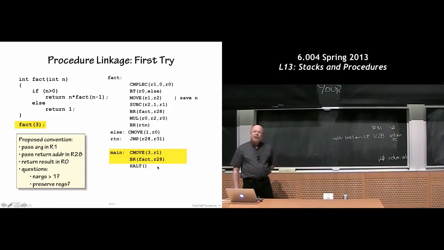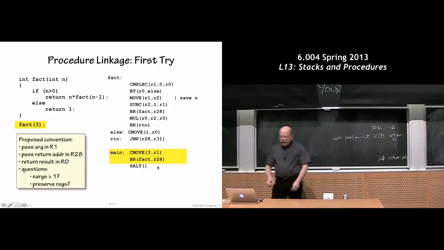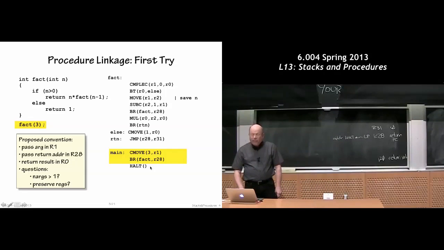We set it up so not only does it transfer control, but at the same time it remembers where execution should resume when the factorial procedure returns. So everybody sort of get the idea here? I'm passing two things in: the argument in R1, and in R28 the address in memory of an instruction where I want execution to resume when the jump is done.